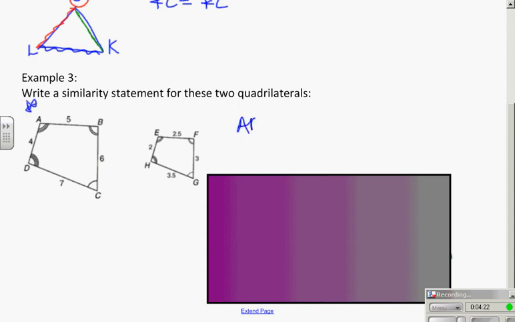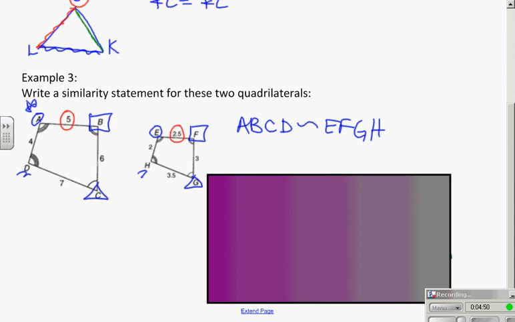I'm going to start with this figure, and I'm going to write quadrilateral ABCD is similar to, A corresponds to E, B corresponds to F, C corresponds to G, and D corresponds to H. Now, even though the markings are a little hard to see, if you look at the ratios of the sides, 5 compared to 2.5, 6 compared to 3, I'm getting a consistent scale factor of 2. And so I know I have them set up in the correct way.